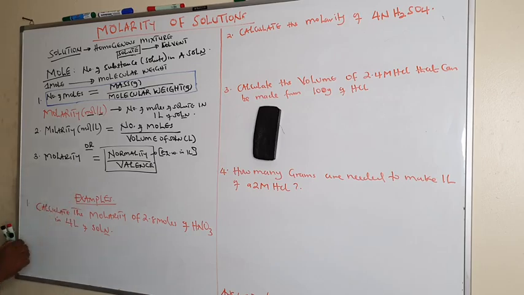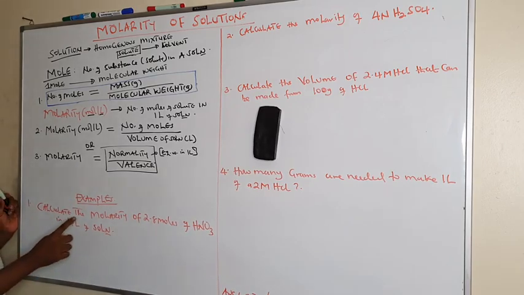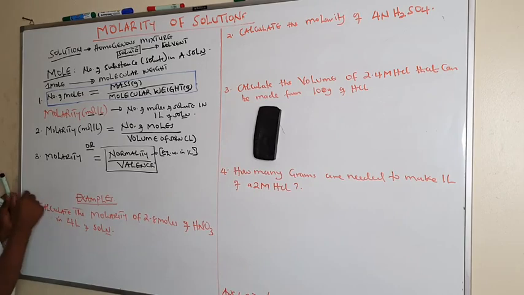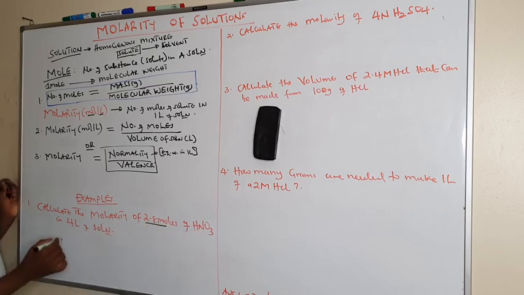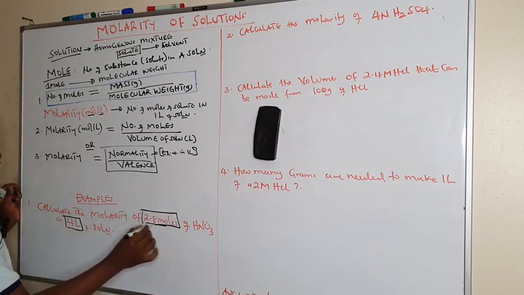And example 1 is, if you are asked to calculate the molarity of 2.8 moles of nitric acid in 4 liters of a solution. So you are given volume, you are given moles.